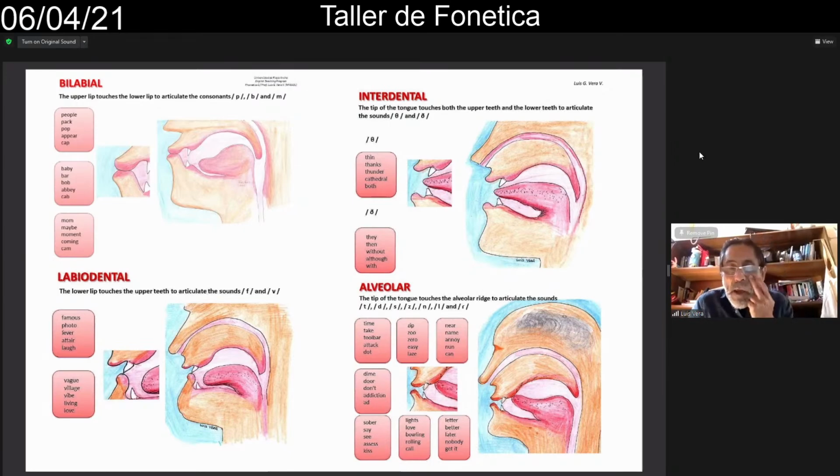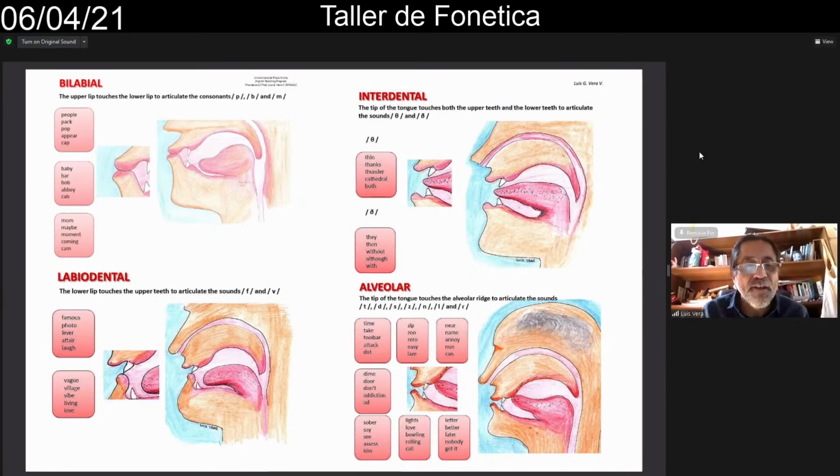And for v: vague, village, vibe, living, love. Notice vibe: the first one is v, but the last one is bilabial. So it's vibe.